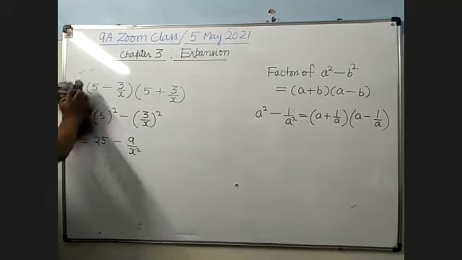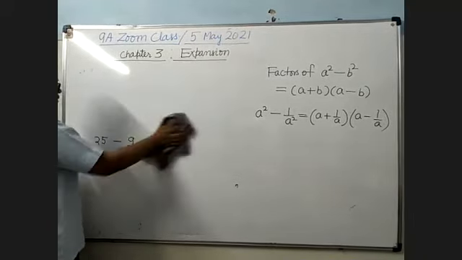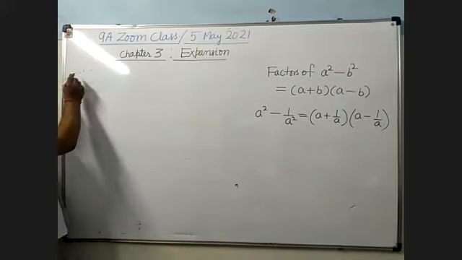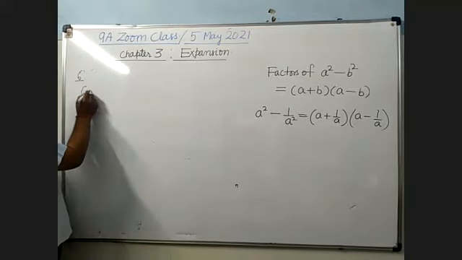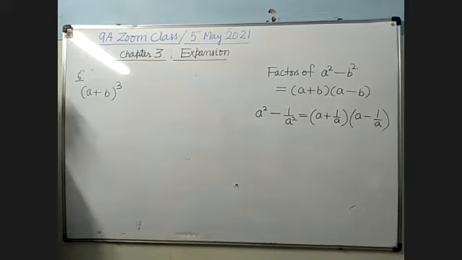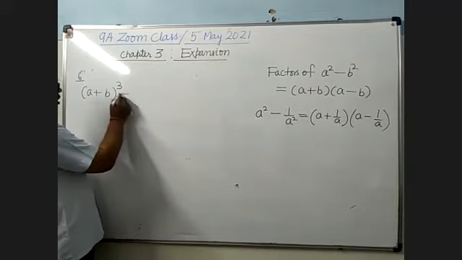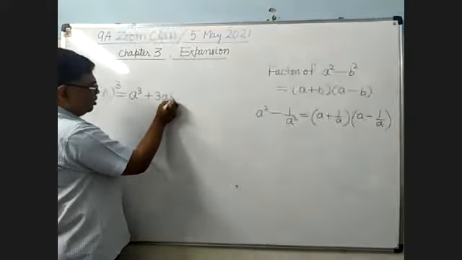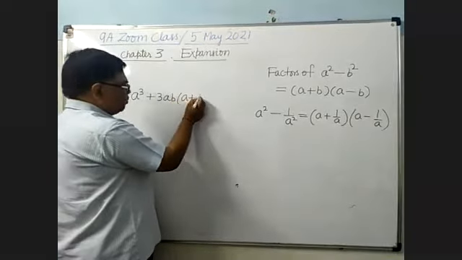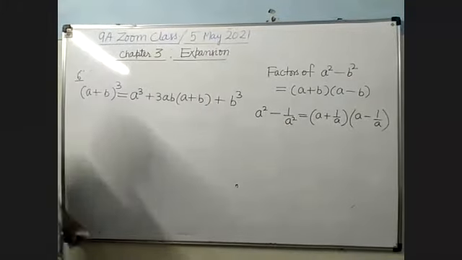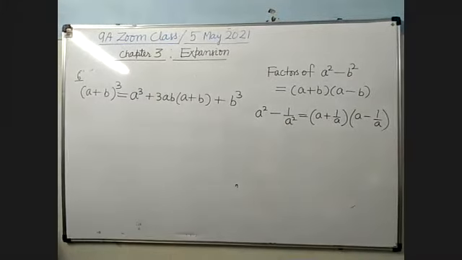Now you see one more. A plus b whole cube. So what is the formula? It is a cube plus b cube plus 3ab within bracket a plus b.